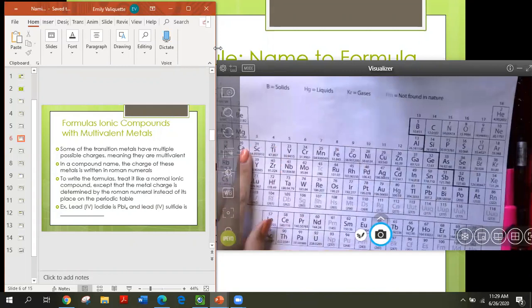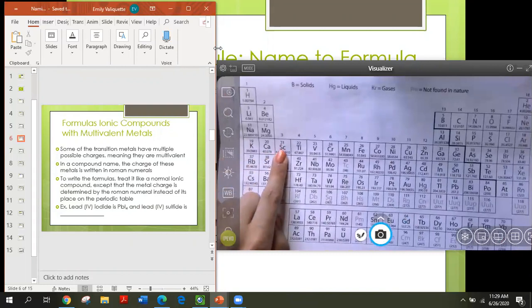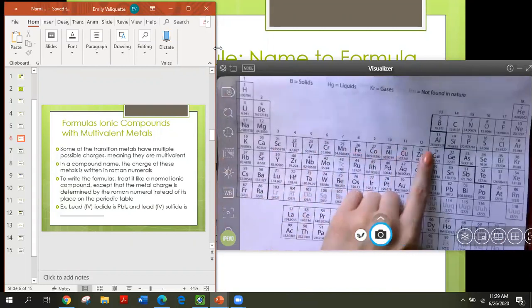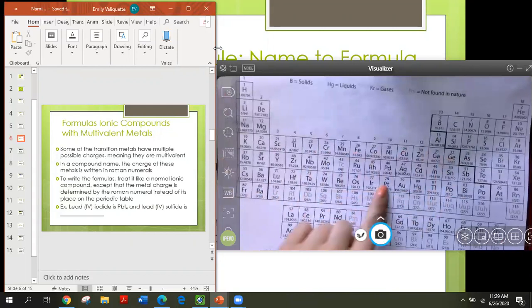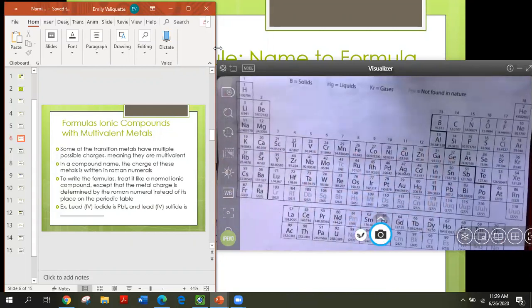So from the 4th row down, starting right here, the whole way across, and everything that's down underneath here. Okay, all transition metals, some of those are multivalent.